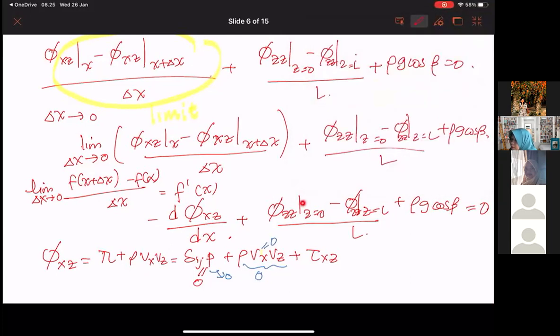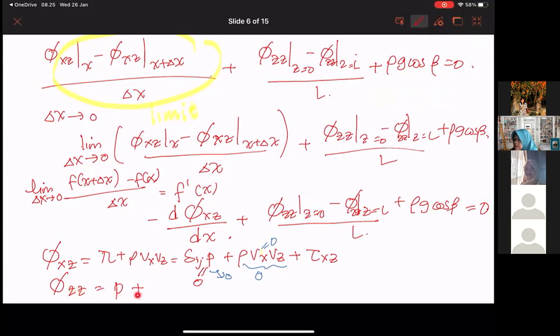Now let's see about the PZZ. Okay, let's see the PZZ here. For the PZZ, we will have the pressure, because the Kronecker delta is i equal to j, so it's in the same direction.